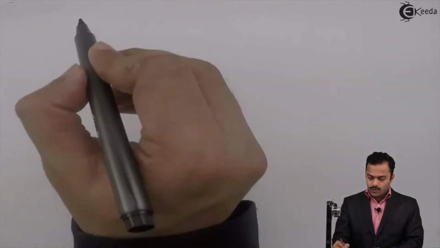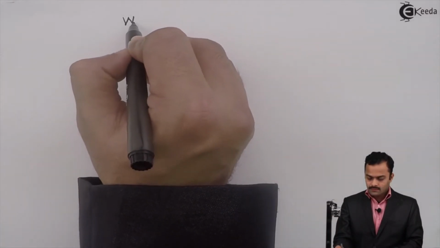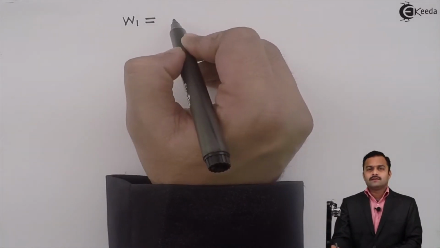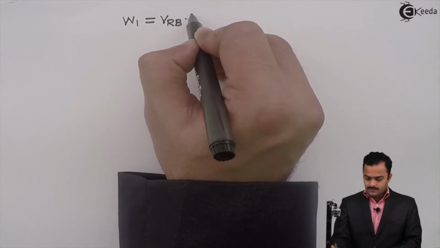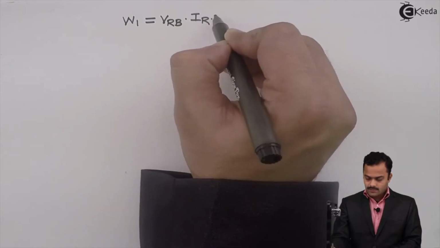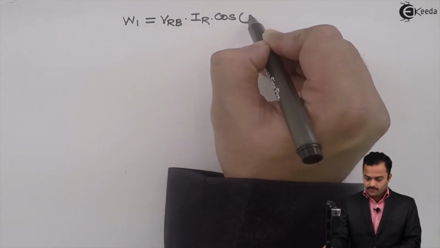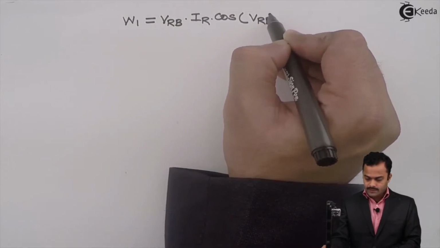So now I can say wattmeter 1 reading will be nothing but VRB multiplied by IR multiplied by cos of the angle between VRB and IR.